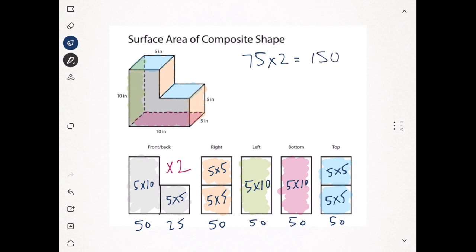And then for all the other faces, they're exactly the same. They're all 50, so we have 50 times 4, which is 200. And these are both inches squared. So when we add those together, we get a total surface area that is 350 inches squared.